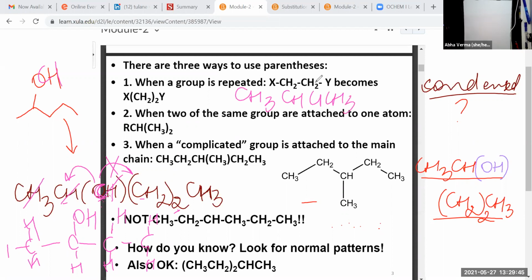Can you have your chlorine inserted between two carbons? No, right? And so you know that this is not going to happen. So even if it is not in parentheses, you need to remember that this Cl belongs to the carbon before it.